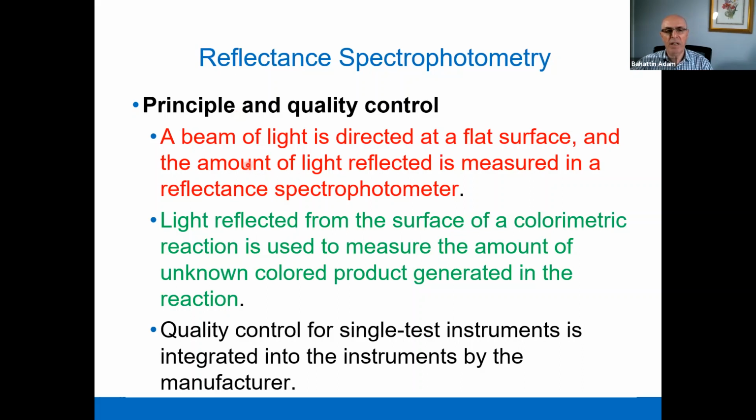Okay, in this case, a beam of light is directed to a flat surface, and the amount of light reflected is measured in a reflectance spectrophotometer. The light reflected from the surface of colorimetric reactions is used to measure the amount of the unknown color products generated in the reaction.